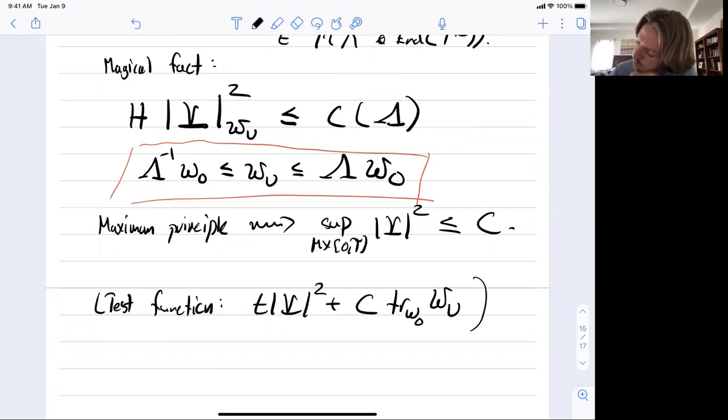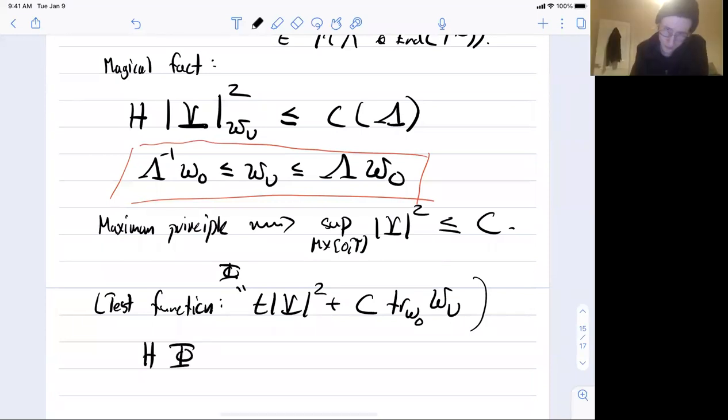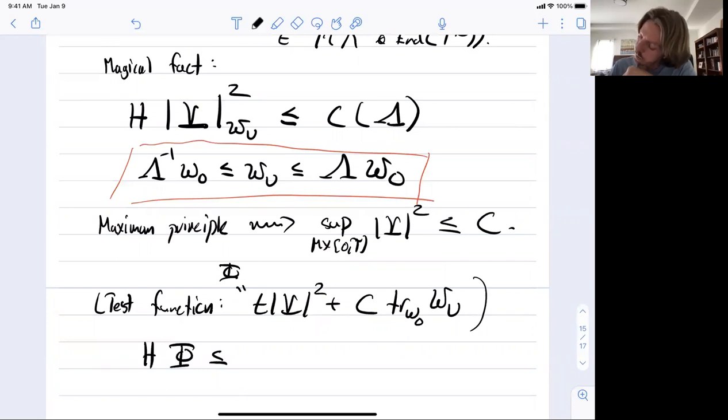Then what you can show is, if this is phi, the heat operator applied to phi is less than or equal to some constant, and then you just apply this on short time intervals and you get a uniform estimate for this epsilon. Because we know that this trace on the right-hand side is already controlled.